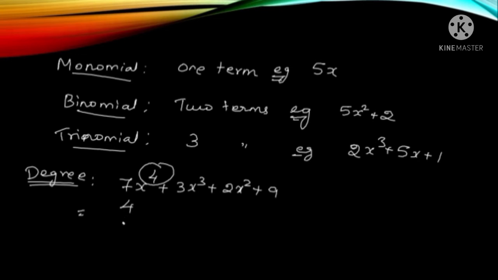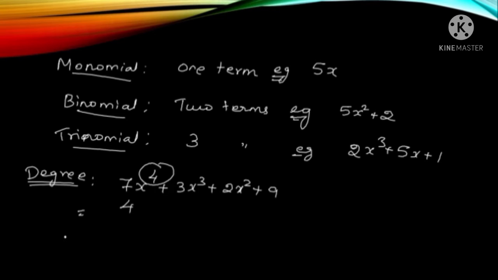The highest power of the variable we call the degree of the polynomial. So in this polynomial, the highest power is 4.